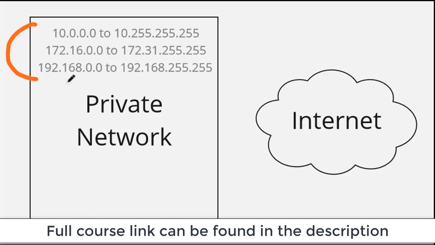There are way more devices out there now than there are usable IP version 4 addresses. There's no way that we could give a public IP address to every single smartphone, every single computer, every smart thermostat, every smart whatever in the world. We have to use private network addresses for those.